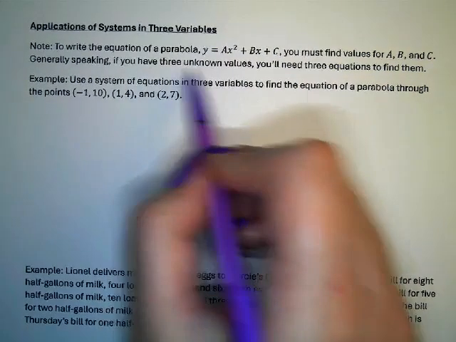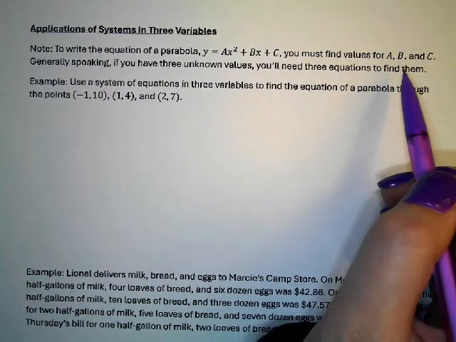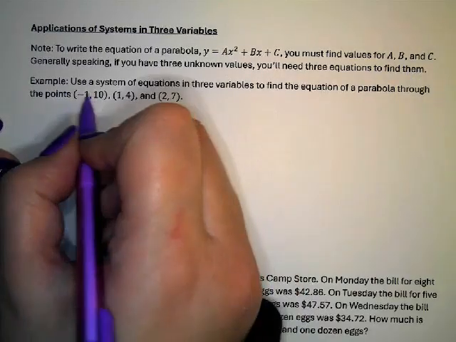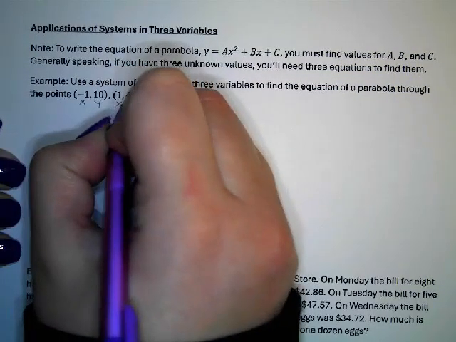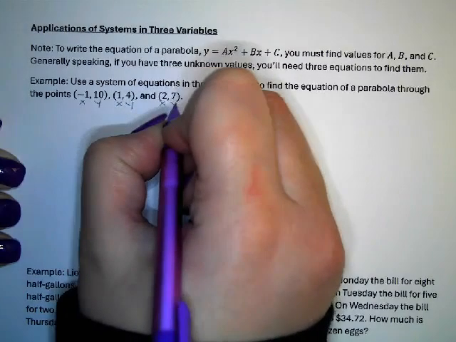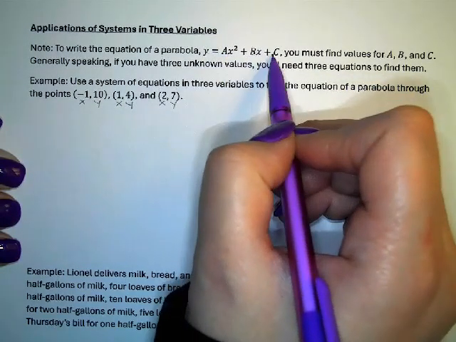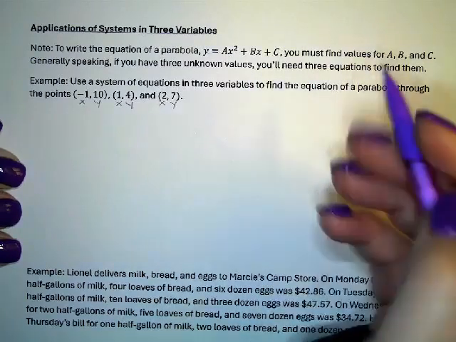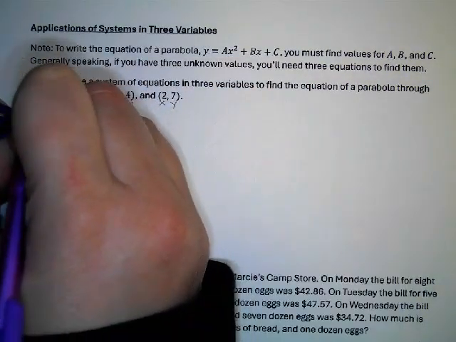So here they gave us points, and each of these points is an xy coordinate. So we're going to plug them in for x and y in the equation, and they're going to leave a, b, and c as variables to solve for. So for the first equation, we've got y equals a times x squared plus b times x plus c.